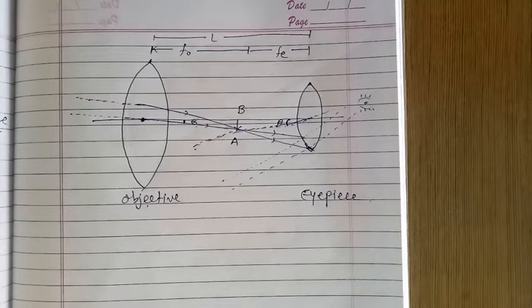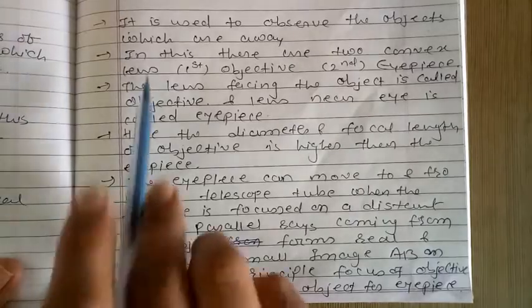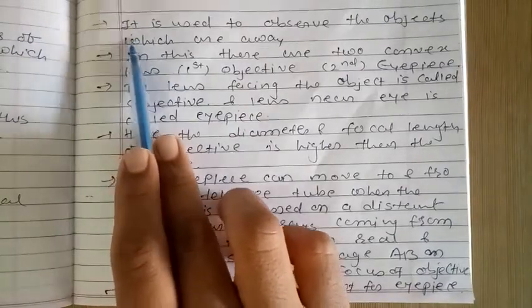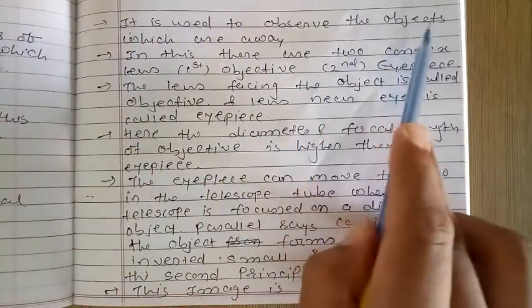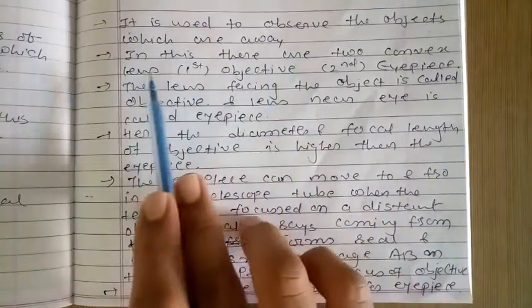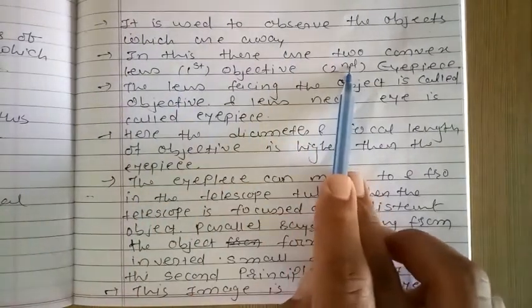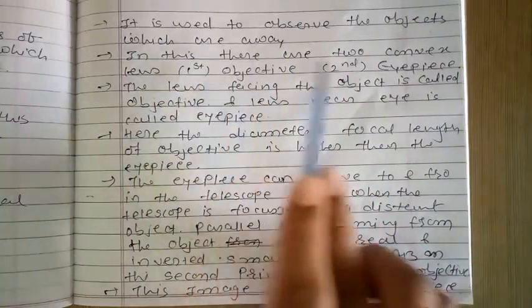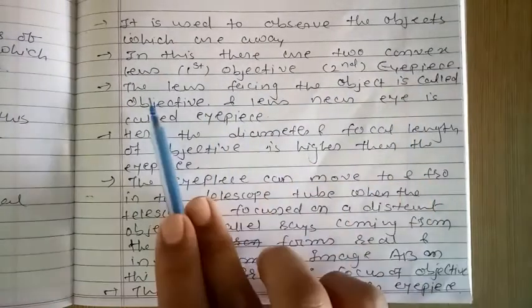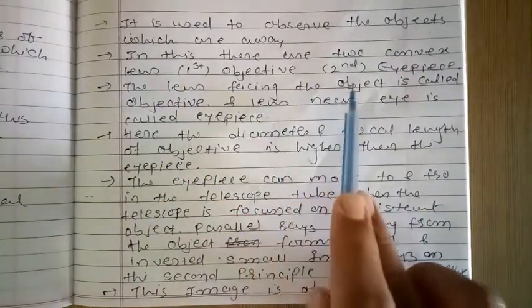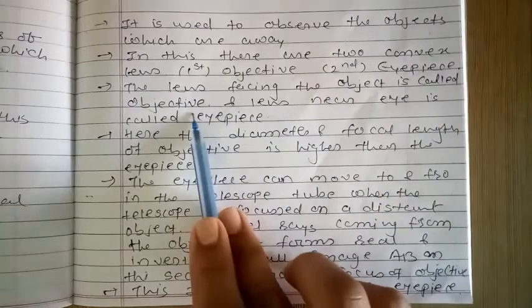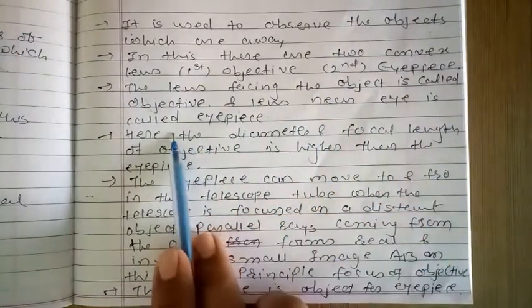Here we write some sentences. We know that it is used to observe objects which are away. In this there are two convex lenses, first the objective and second the eyepiece. The lens facing the object is called the objective and the lens near the eye is called the eyepiece.